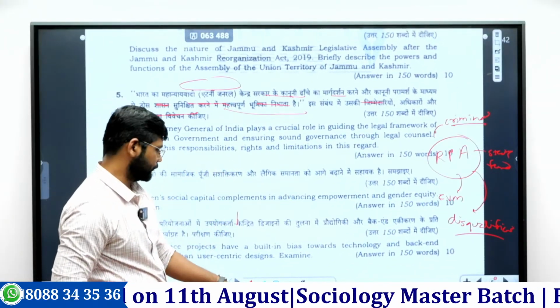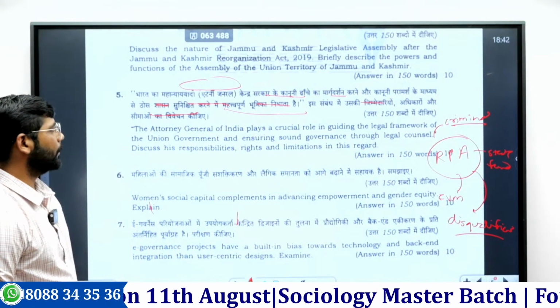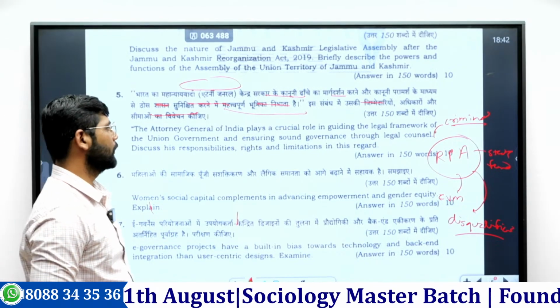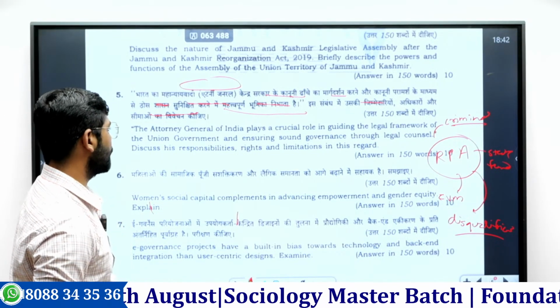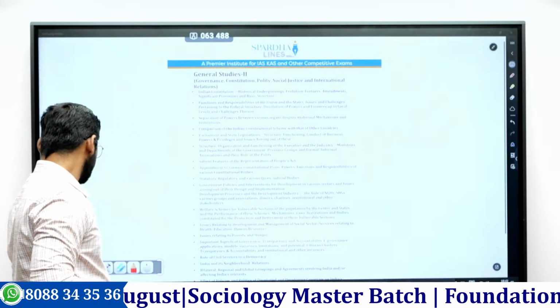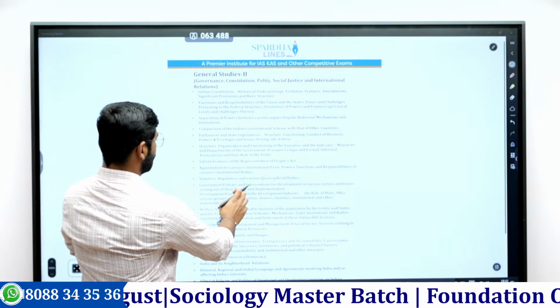The question: the Attorney General of India plays a crucial role in guiding the legal framework of the Indian government and ensuring sound governance through legal counsel. Discuss the responsibilities, rights and limitations in this regard. The source is as shown to you.